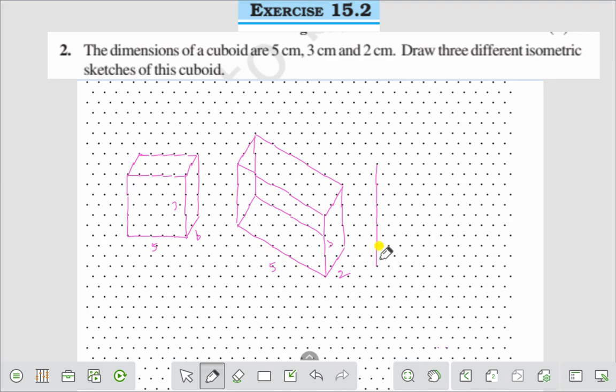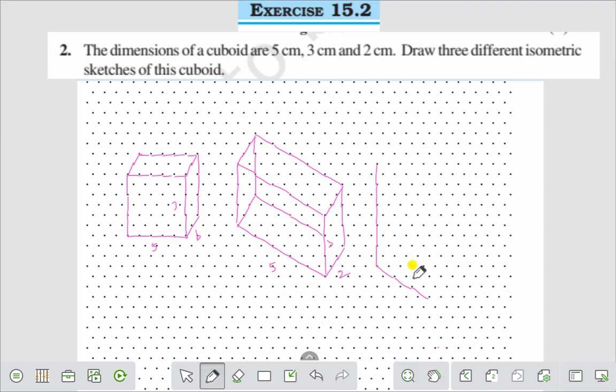This is 5 unit. Height is 5 unit, and we take 3 unit as breadth. Let us take 3 unit as this one. It is 1, 2 and 3 unit, right?